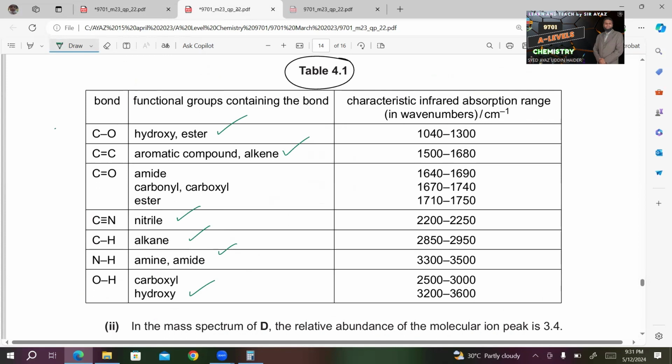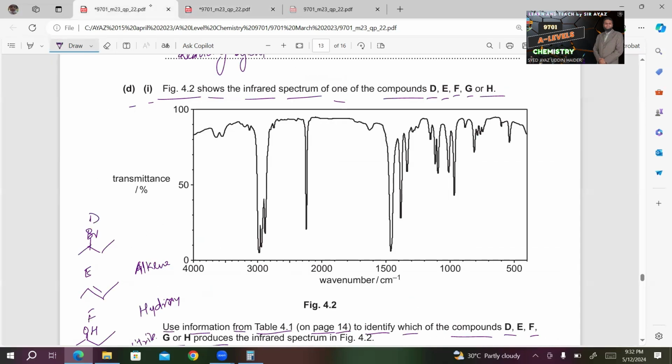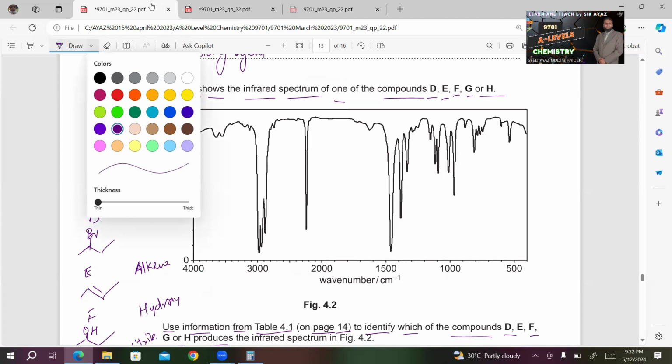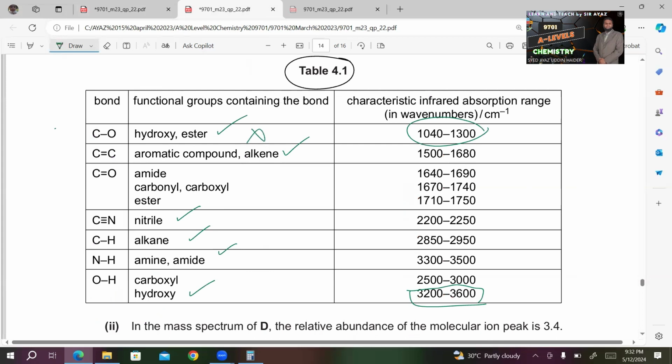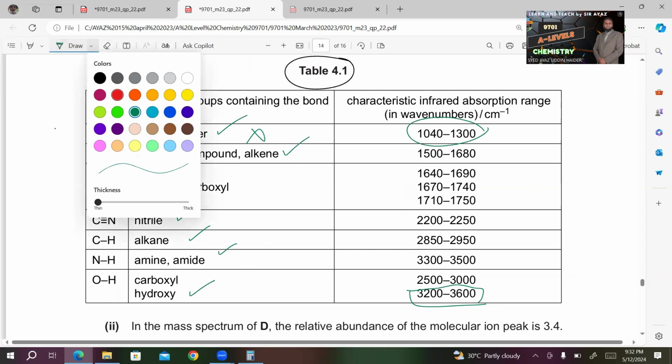That is either 1040 till 1300, or 3200 till 3600. For 1040 till 1300, there isn't any peak, so this is not there.